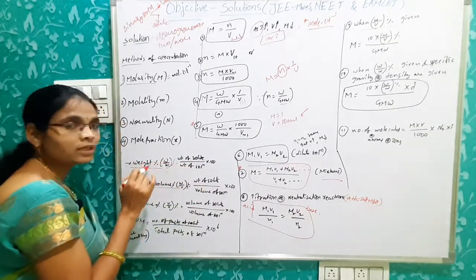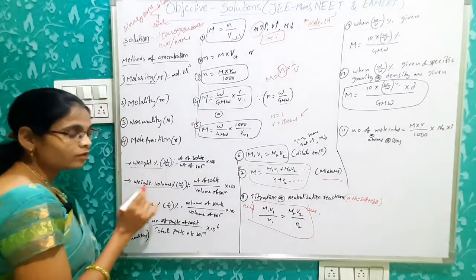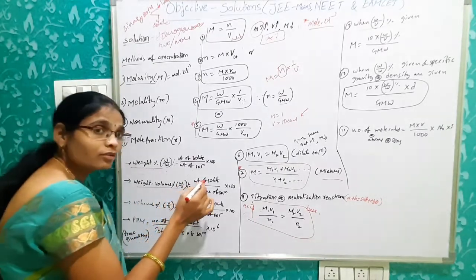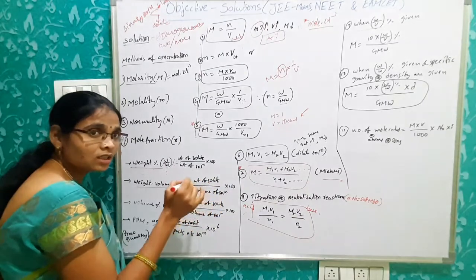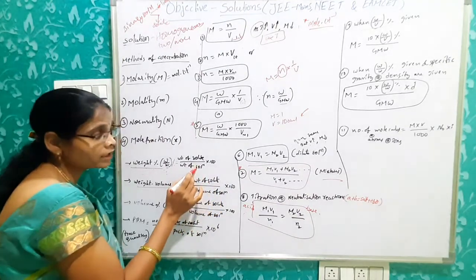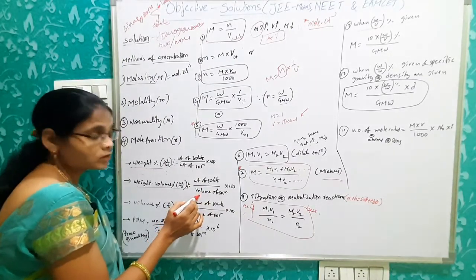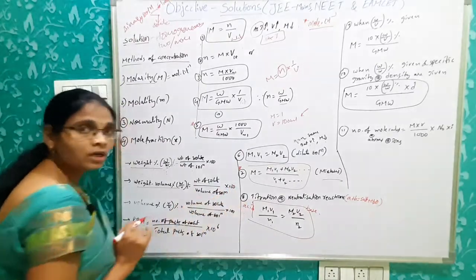Weight by volume (W by V percent) means the weight of solute in grams present in 100 ml of solution, represented by weight of solute by volume of solution into 100.